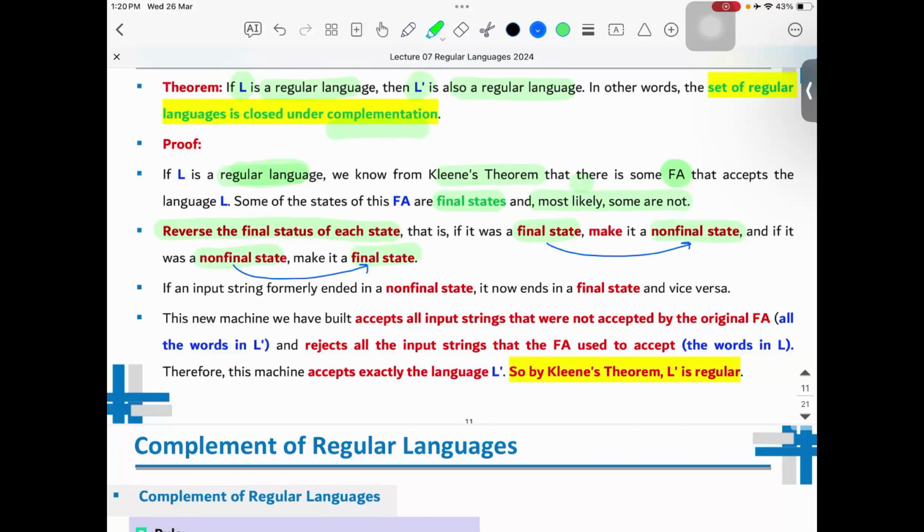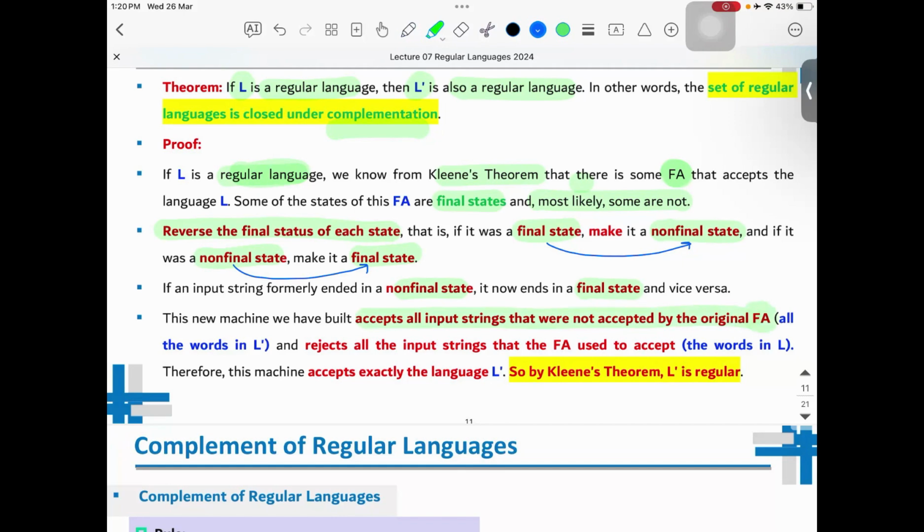If an input string formerly ended up in a non-final state, it will now end in a final state, and vice versa. This new machine that we have built accepts all the input strings that were previously not accepted by the finite automata.